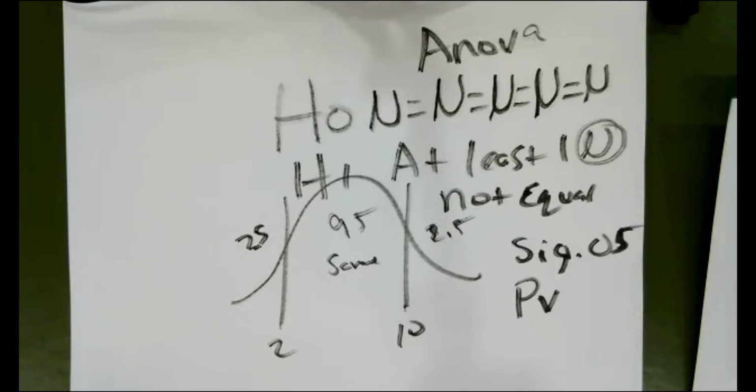Sorry, Professor. Isn't it just, if it's below the significance level 0.5, you can already reject the null hypothesis? Yes, if our p-value is below that.